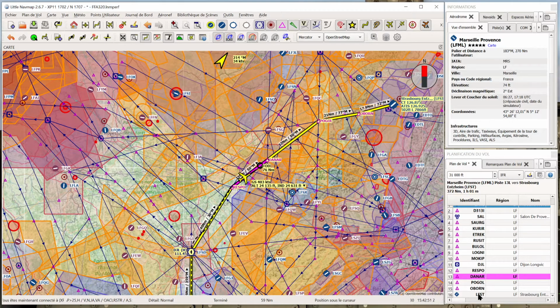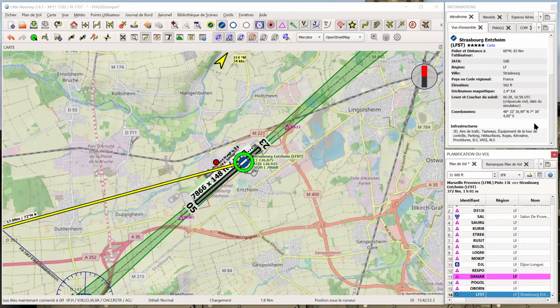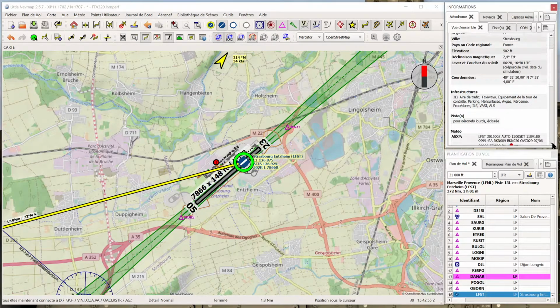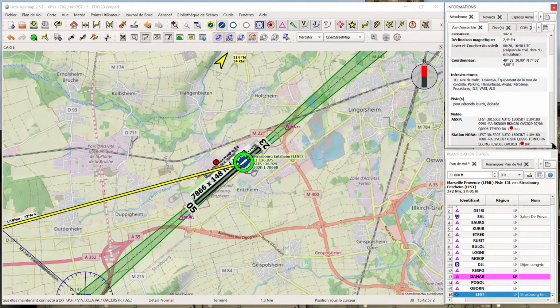So, weather at Strasbourg. Is 150 at 5. Overcast. Oh, that promised to be good.